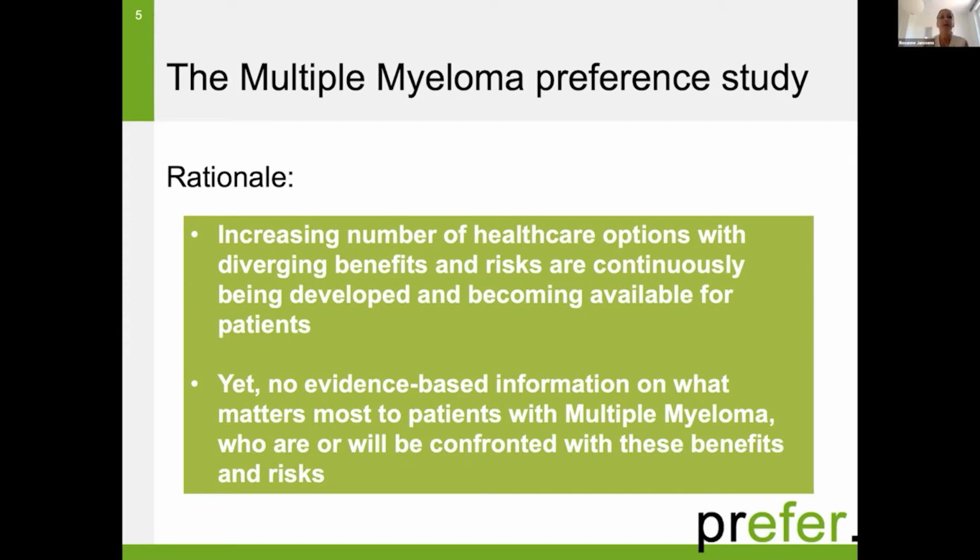There are several different types of multiple myeloma treatments that are continuously being developed and becoming available to patients and clinicians. Yet there is no information, from a patient point of view, on what exactly matters most among these attributes or characteristics to the patient populations who in fact will be confronted with these different benefits, risks, and uncertainties in the end.